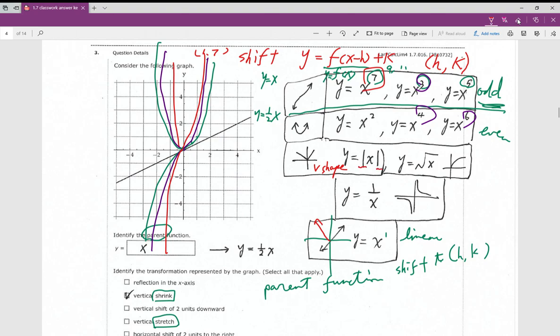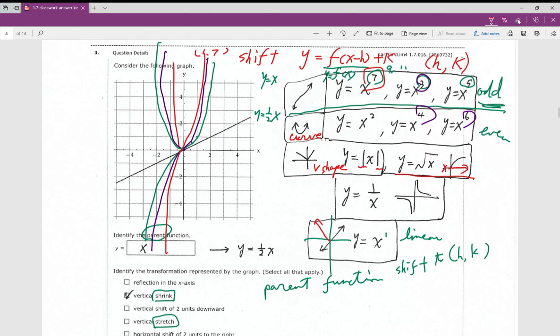Absolute value makes everything positive, but it's not a square; a square makes a curve. And then one more function you want to memorize is the square root graph. Square root graph, you don't have a negative on the x. It's always positive or 0.